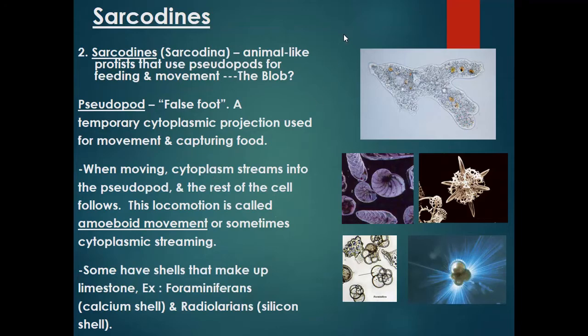The sarcodines, or the protozoans with pseudopodia, false feet. The sarcodines or Sarcodina are animal protists that use pseudopodia for feeding and movement. A pseudopod is a false foot, but we have different types of pseudopodia.